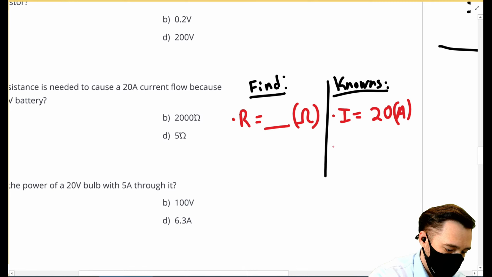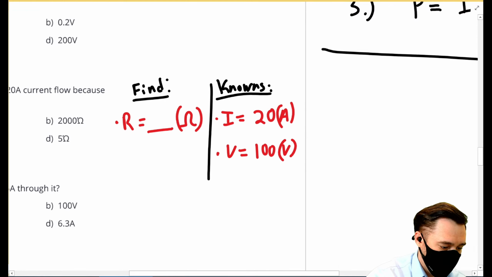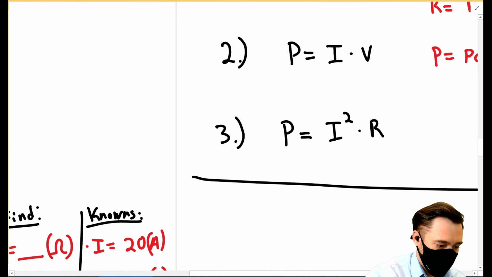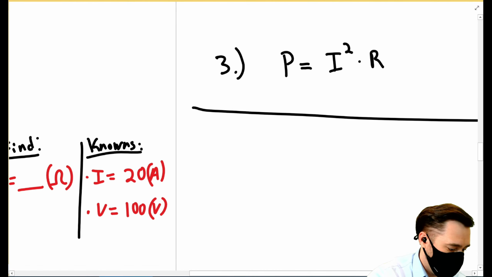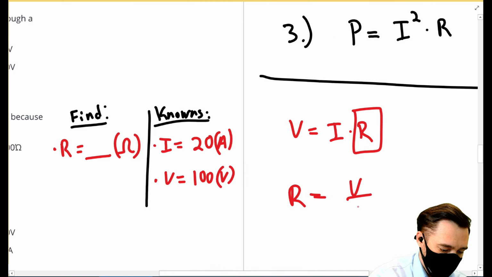And then my voltage is equal to 100 volts. So I need to solve for R. I have I and V. So I can't use these two because I don't know power. So we're going to still use that one. So V equals I times R. I'm solving for R. So we get R is equal to V over I.